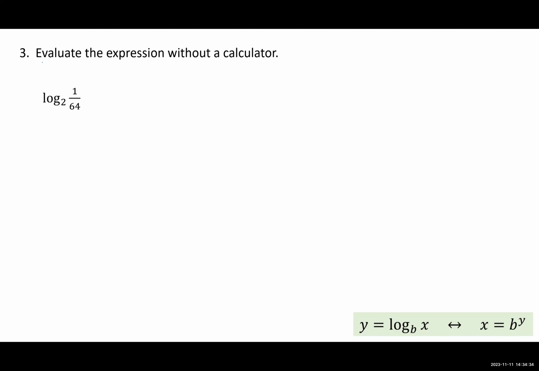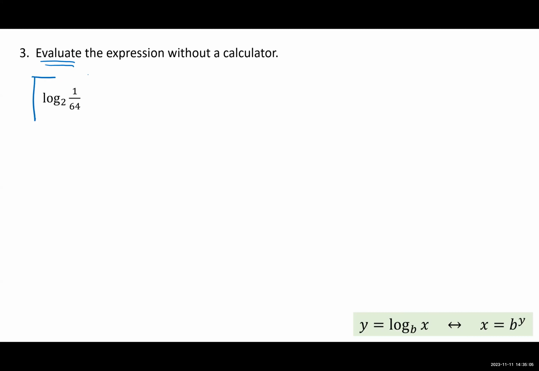Okay, next one, evaluate. Evaluate the expression, and we're going to do this without a calculator. What is the log base 2 of 64? Okay, still, it's important to understand what a logarithm is. Later, you're going to have to solve equations and graph functions and simplify and do all kinds of stuff mechanically with logarithms, but none of that has any meaning or any value until you understand what a logarithm is.